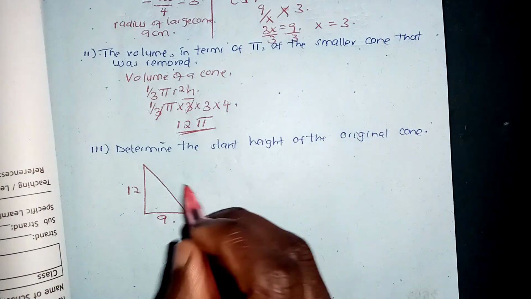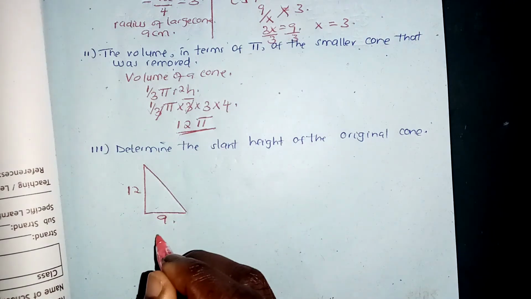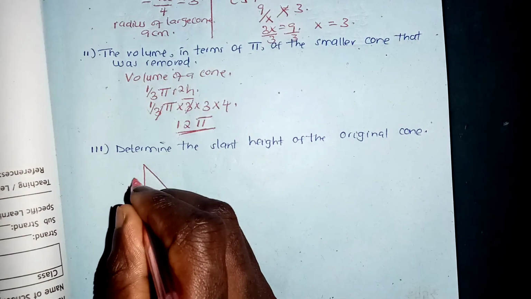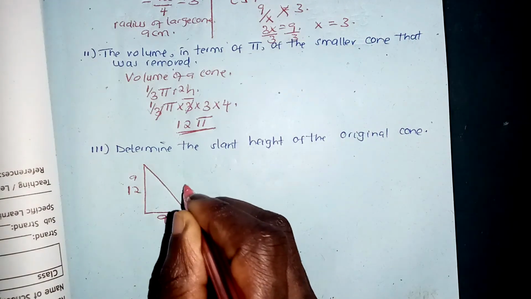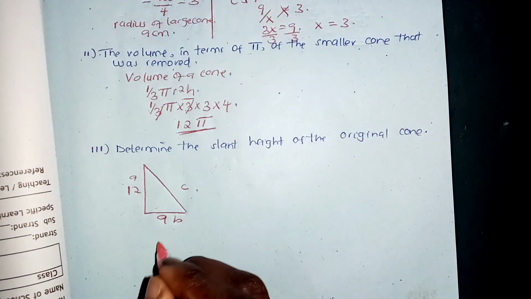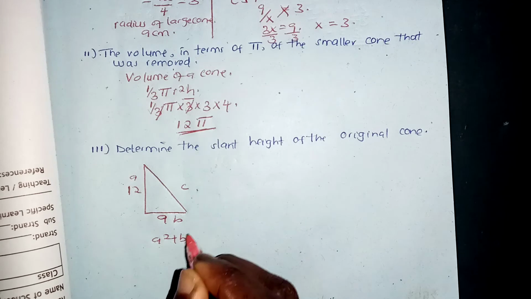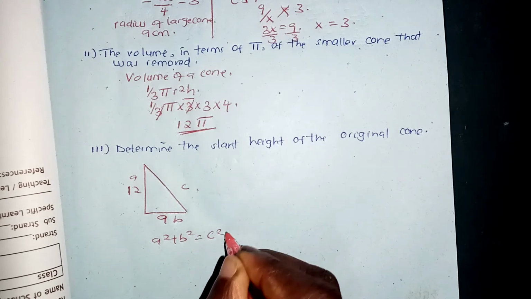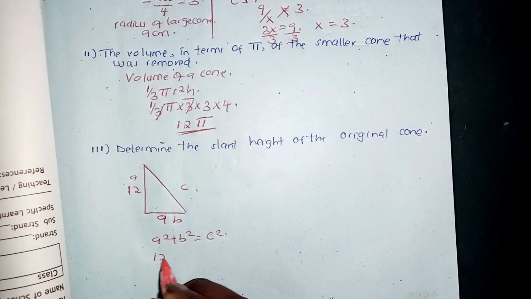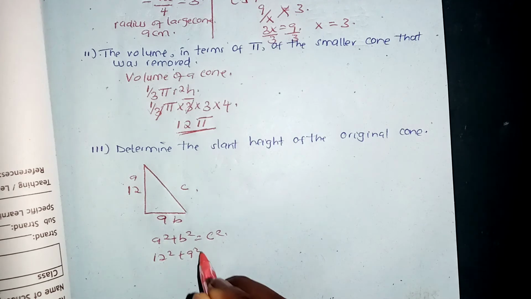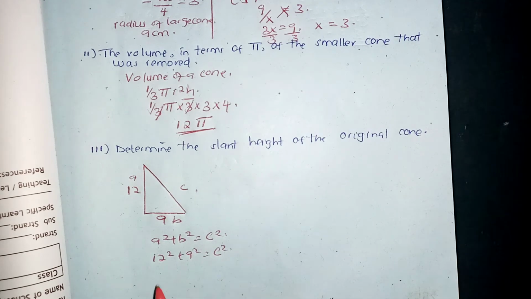So we can calculate the slant height, that is this, A, B, C. A squared plus B squared equals C squared. So 12 squared plus 9 squared equals C squared.